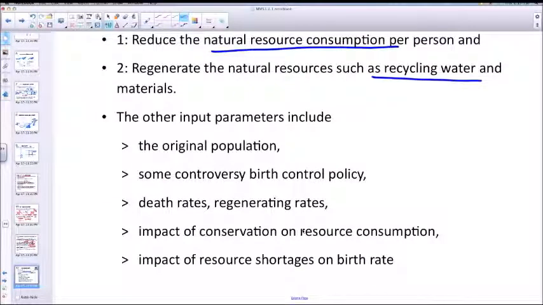And then we look at what input parameters you're going to consider. Of course, the P0, original population, and this is a controversy, the birth control policy. Do we encourage more kids, immigrants, or like the one-child policy in China? I don't know. It's a hard question.